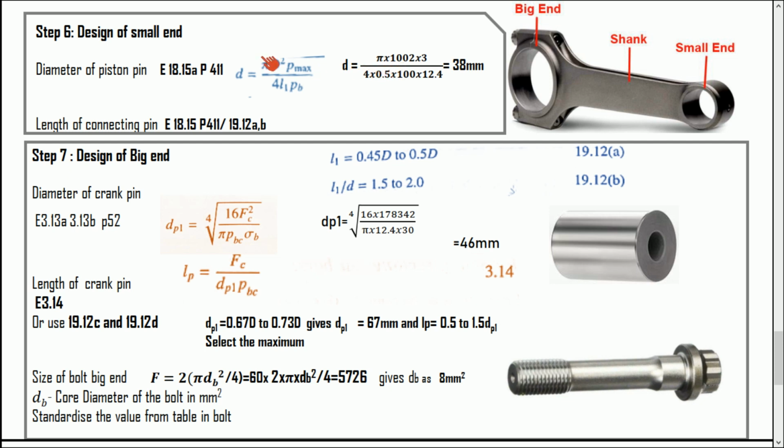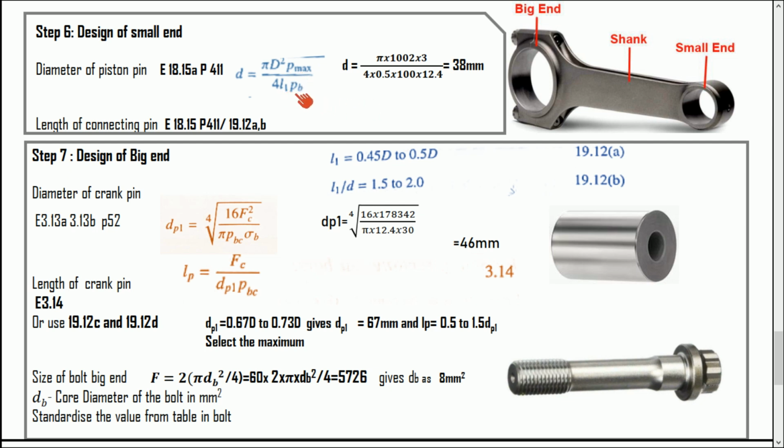Pi into capital D means small d itself, 100 square. This is not 1002, it is 100 square into 3. We are assuming that the maximum pressure acting is 3, or it is given in the question as the explosion pressure is 3, divided by 4 into L1.